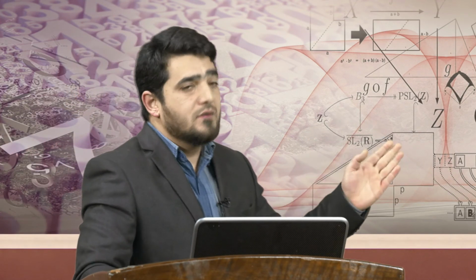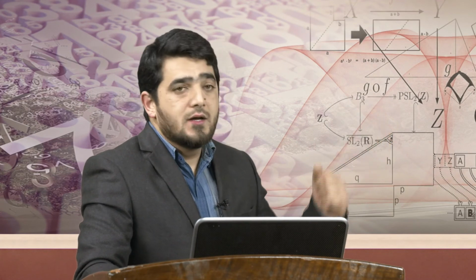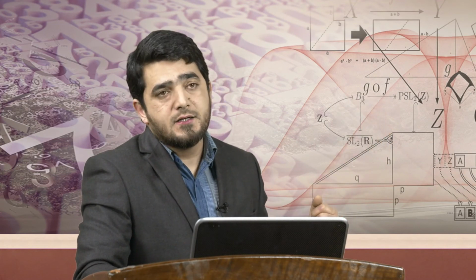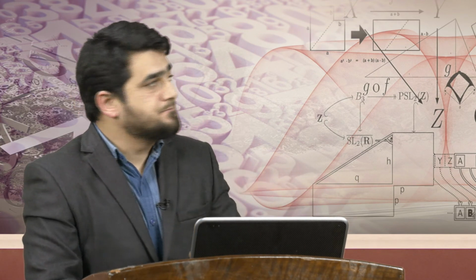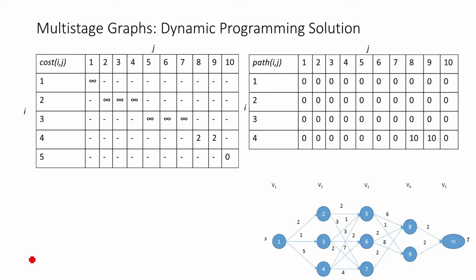But for the time being, we'll mainly be concerned with the cost array, which will help us estimate the final minimal cost. For the cost array, the rows represent the different stages and the columns represent the nodes. The same applies for the path array as well.